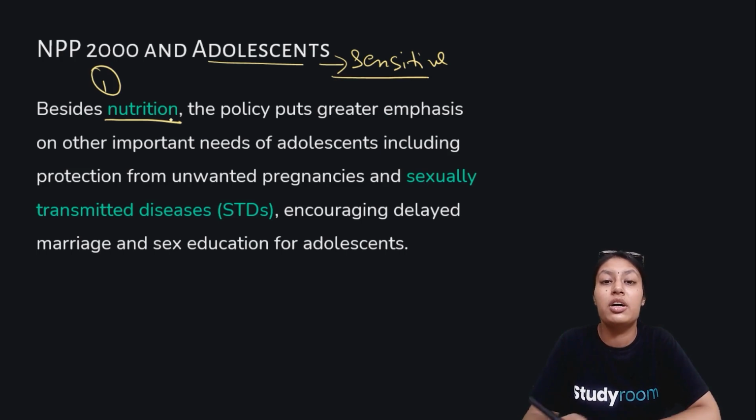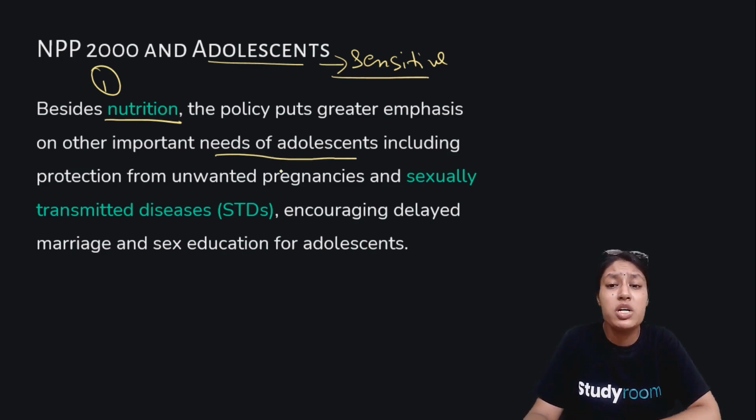Now, besides providing nutrition, this policy puts greater emphasis on the other important needs of adolescents. Okay, so when we grow up, we observe a few changes happening in our body, be it male, be it female. So proper awareness and education about those changes had to be given, so that we could avoid circumstances that lead to unwanted pregnancies or some problems related to that.